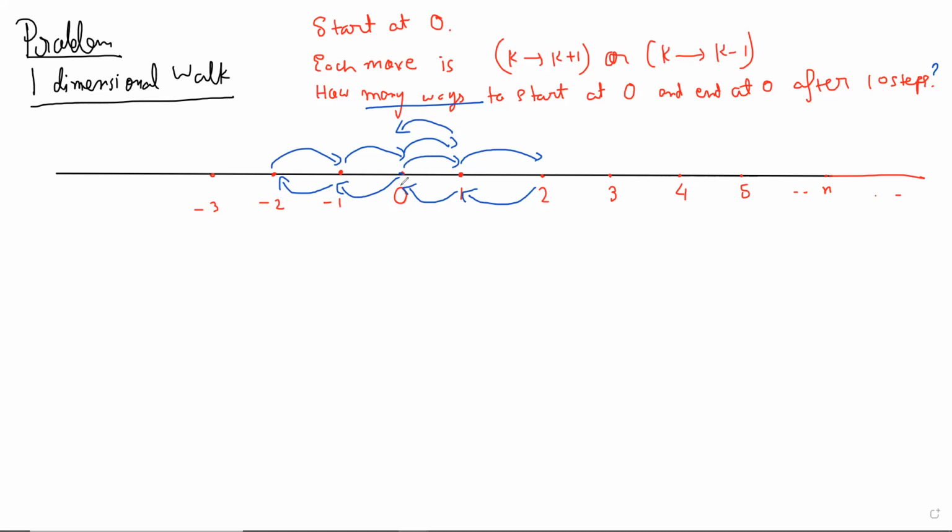You are only allowed to make 10 moves, and you have to come back to the origin. And then I'm asking, how many different sequences of moves can you make? I have given you one sequence where you start at 0, go to 1, go to 2, come back to 1, come back to 0, go to -1, -2. But remember, each move you can only take one step to the right or one step to the left, nothing more than that. We did one problem where we could jump a step, but that was different.